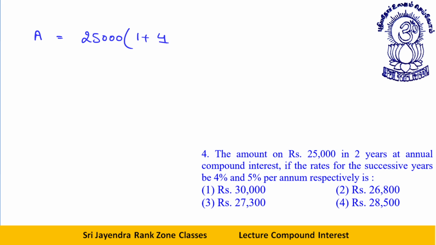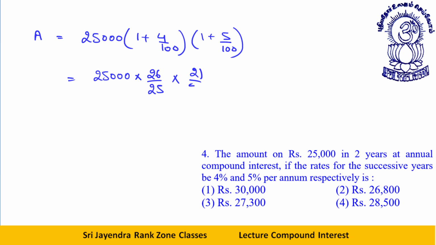You add 4%. Next year you add 5%. Okay, this is 25000 into 26 by 25, into 21 by 20. Zeros cancel, 25 25 cancel. This is 100, 100 into 26 into 21.